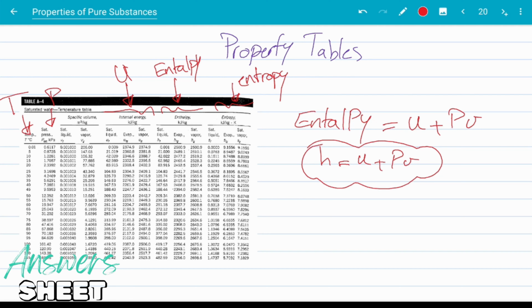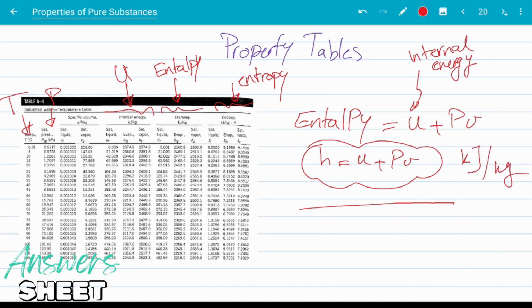But for now, just take the definition of enthalpy as the summation of internal energy and pressure times specific volume. This form has a unit of kilojoules per kilogram. We can have the extensive one, as in capital H is capital U plus P times V, and the unit will be kilojoules.